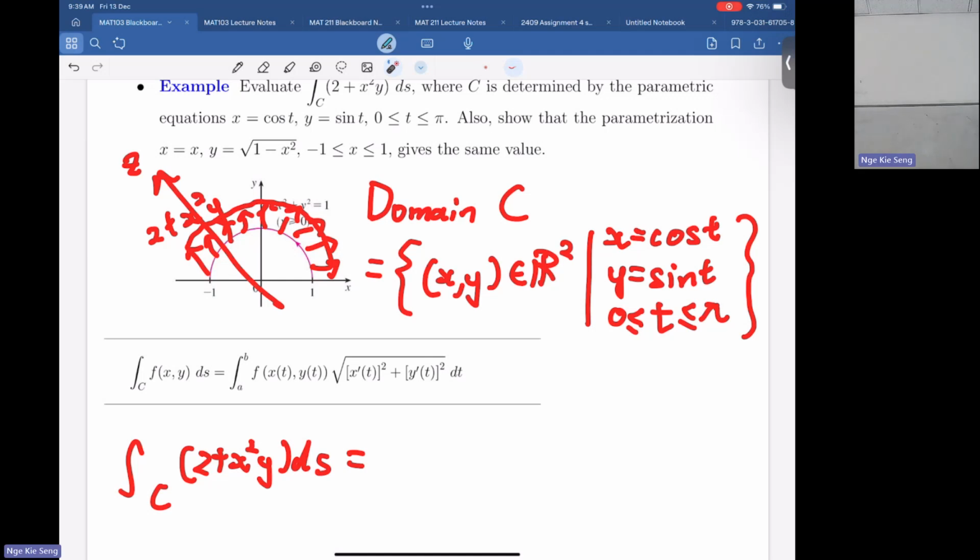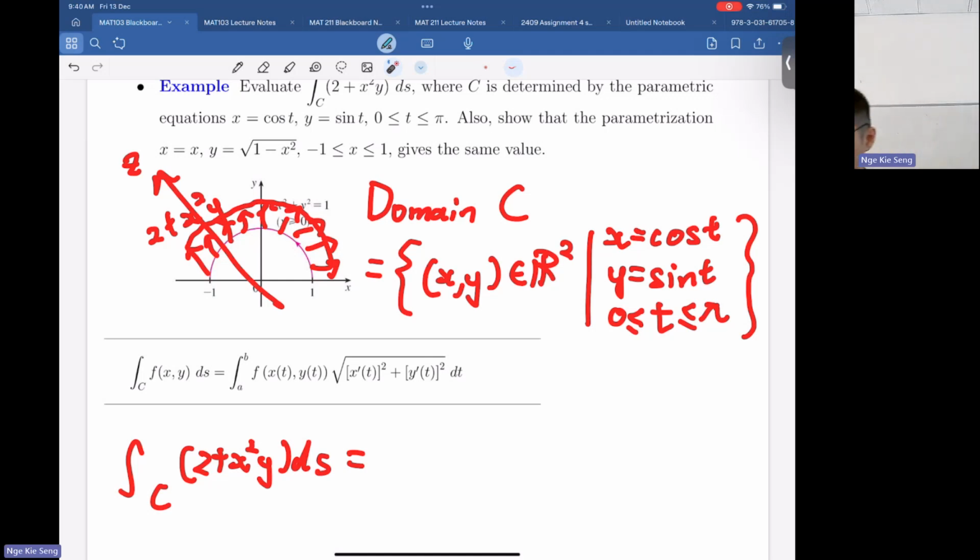We can do this because this is just a line. Whether your line is in two, three or four dimensions, I can describe it using only one variable. This is the main point. Once you make this two variable line into one variable, then this is just a calculus one thing. Does it make sense?